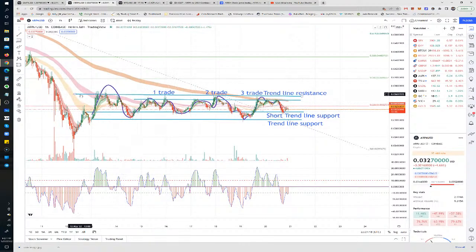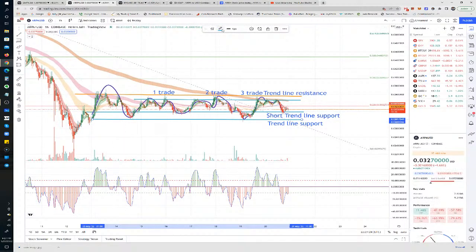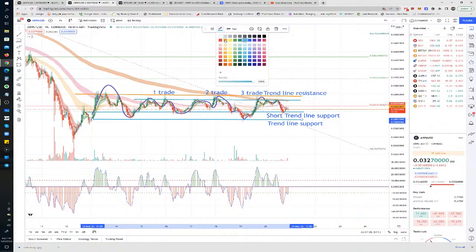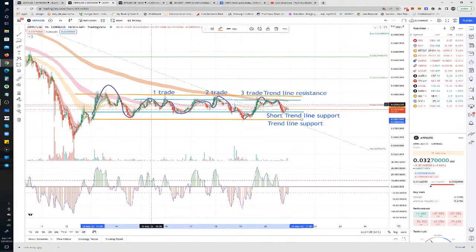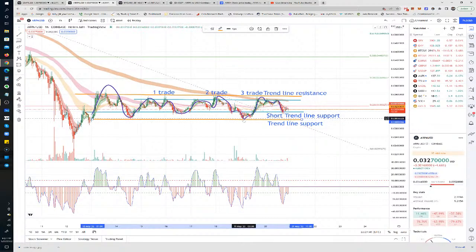Let me change these to orange, so you can see that these will be, let's say you want to make more money. You can make money in between these trend lines, as you can see here, but you can make bigger profits depending who you are. If you want to make more money, you're greedy, whatever, they go for the bigger target. It's going to take you longer to get those targets met, but there's still money to be made.